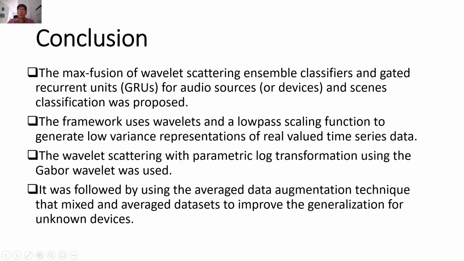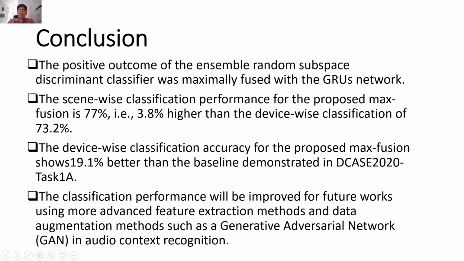You can see from the results, after the mixup and the process and flowchart that we propose, the scene-wise classification performance is 77%, which is 3.8% higher than the device-wise classification that is 73.2%. Definitely it is better than the baseline that is 19.1%.